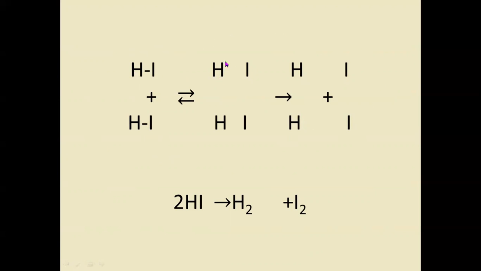They will first form this type of activated complex in which all atoms are joined by partial bonds. There will be a partial bond between H and I, again H and I, and then H and H, which means all four atoms are bonded partially with each other.